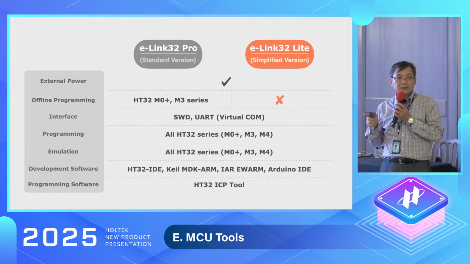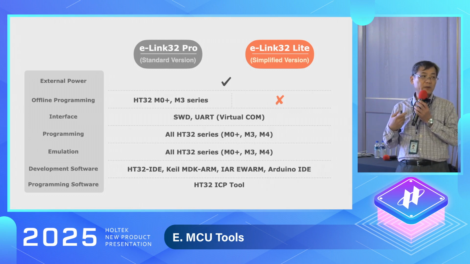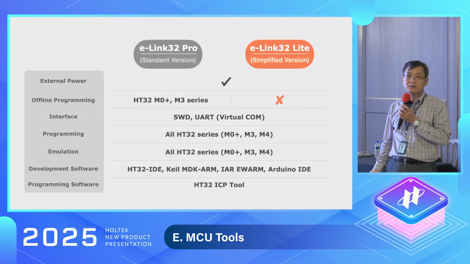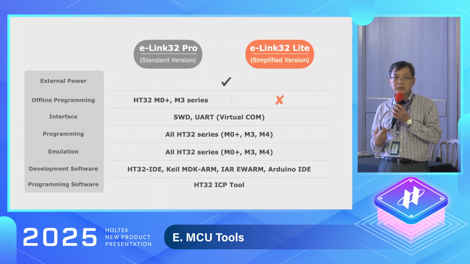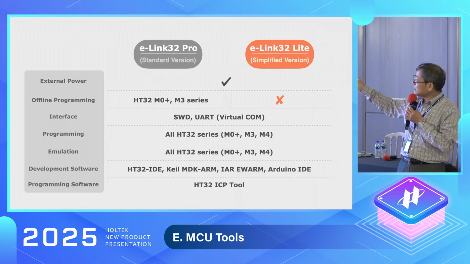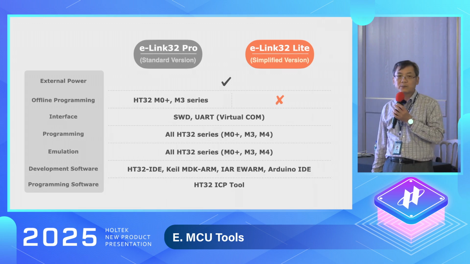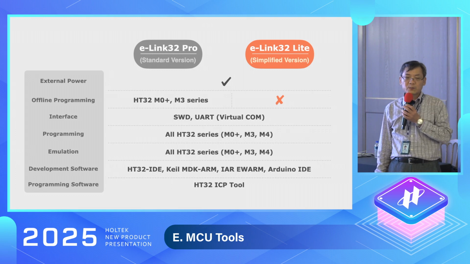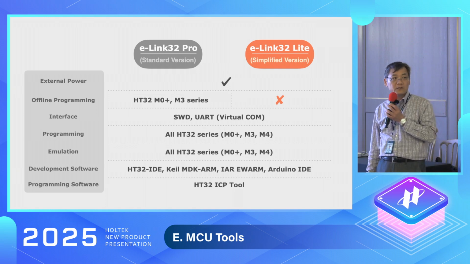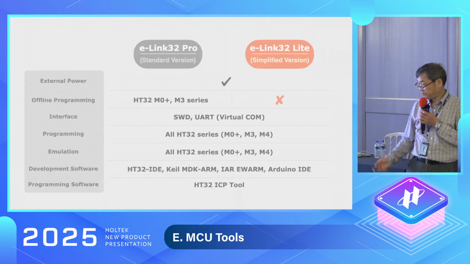Our E-Link is actually not designed for programming the chips. So literally I can say these two are identical, also from Holtek's point of view. And E-Link 32 Lite is much cheaper. So pretty soon Holtek will discontinue E-Link 32 Pro, and we will only offer E-Link 32 Lite.